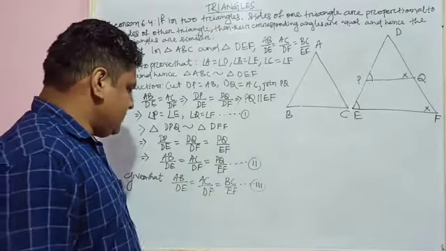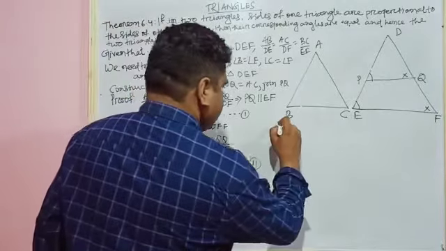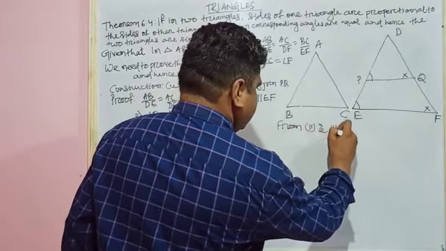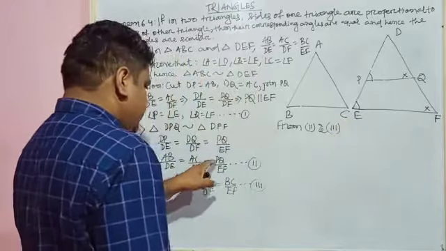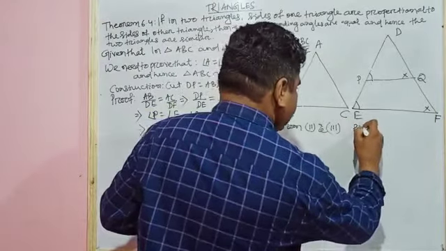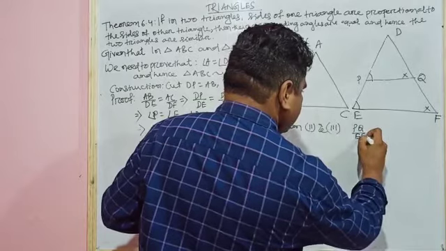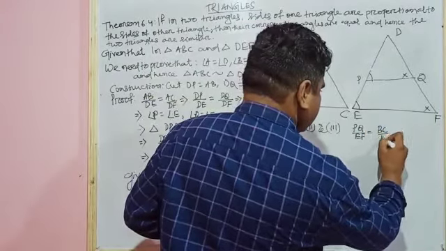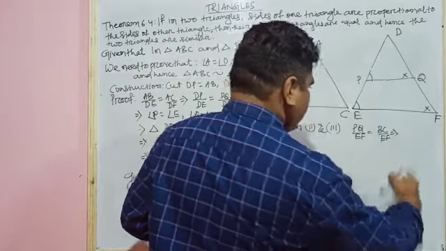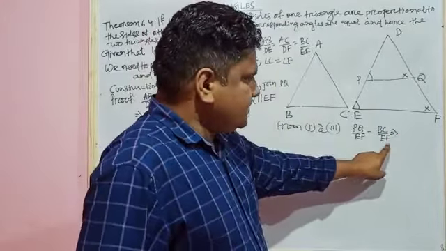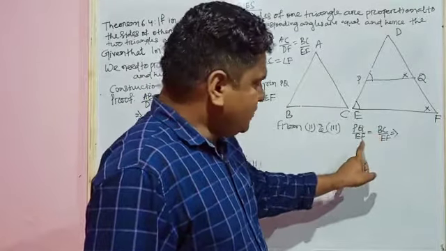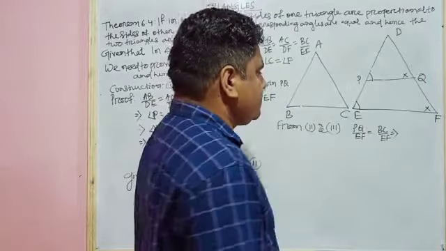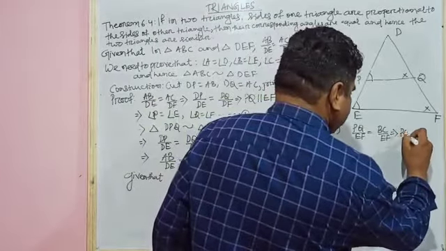So from equation 2 and 3, PQ by EF is equal to BC by EF. Now the denominators on both sides are equal, so numerators must be equal. So we can write PQ equal to BC.